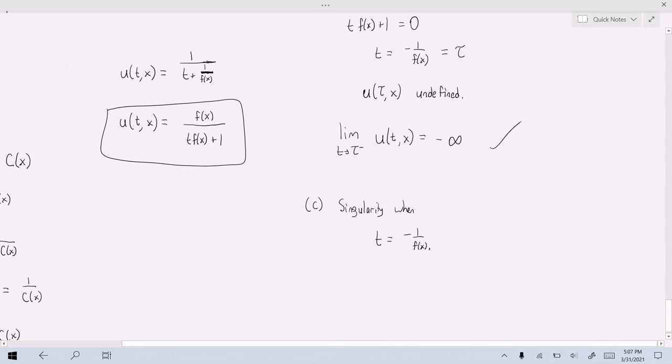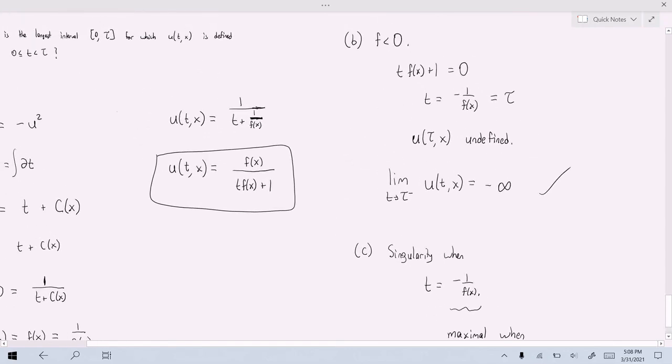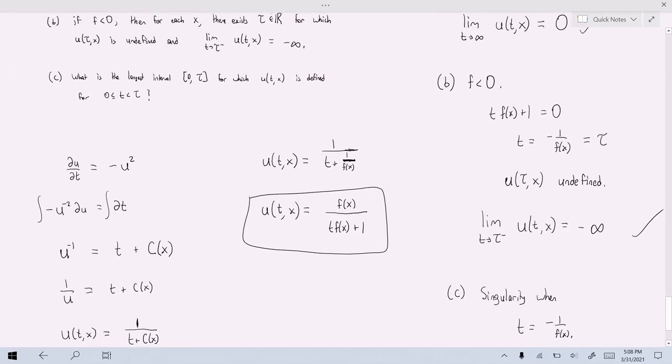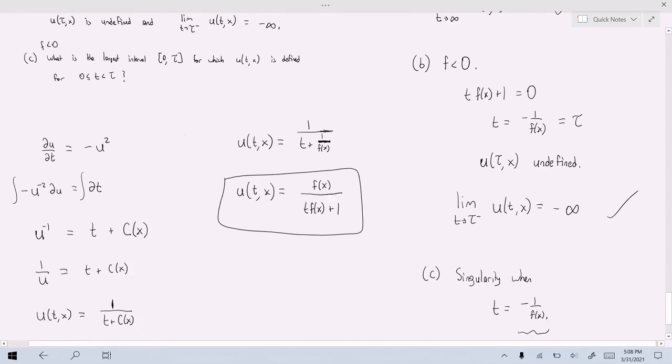So this expression will be maximal when, by the way, C is still assuming that f was negative, so it's a continuation of B, if that wasn't clear.